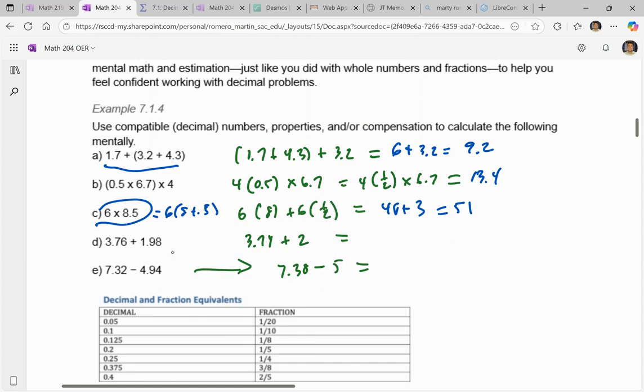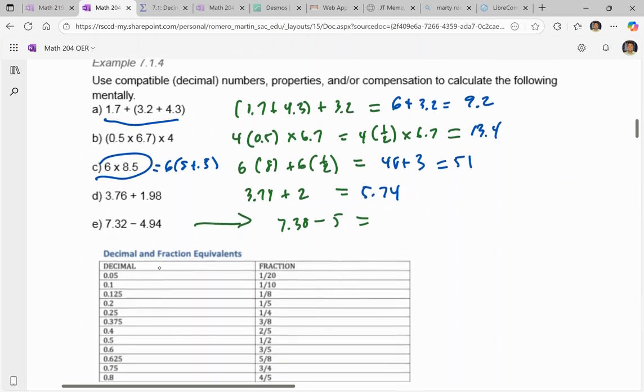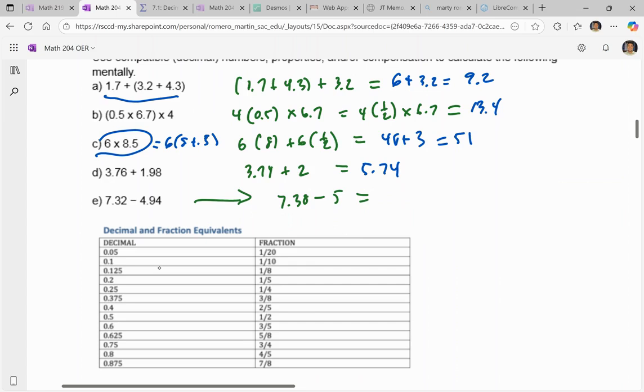So I turn this, add 0.02 to that and subtract 0.02, which makes life easier. Now I know the answer is 5.74. 7.32 minus 4.94. What can we do? I'm going to add 0.06 here and 0.06 here.